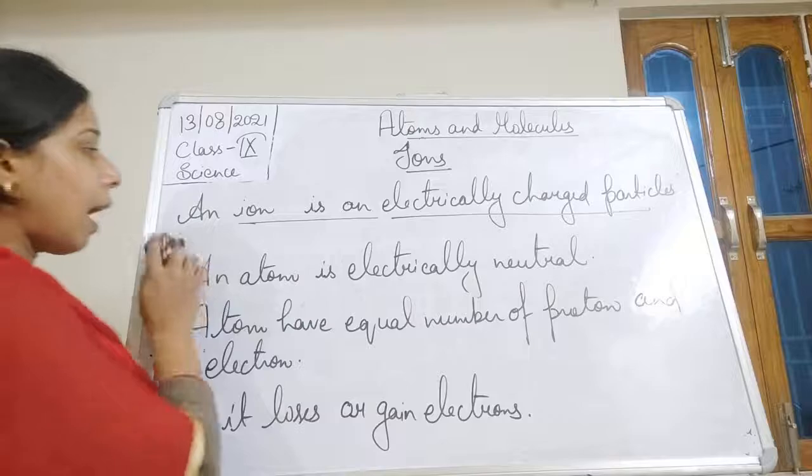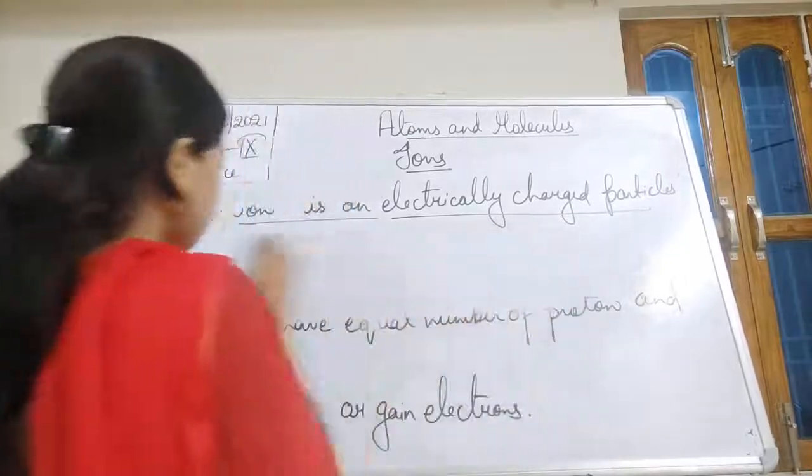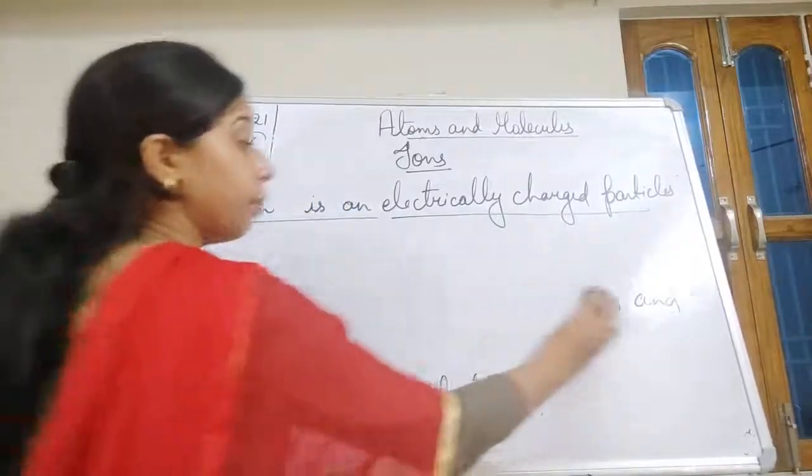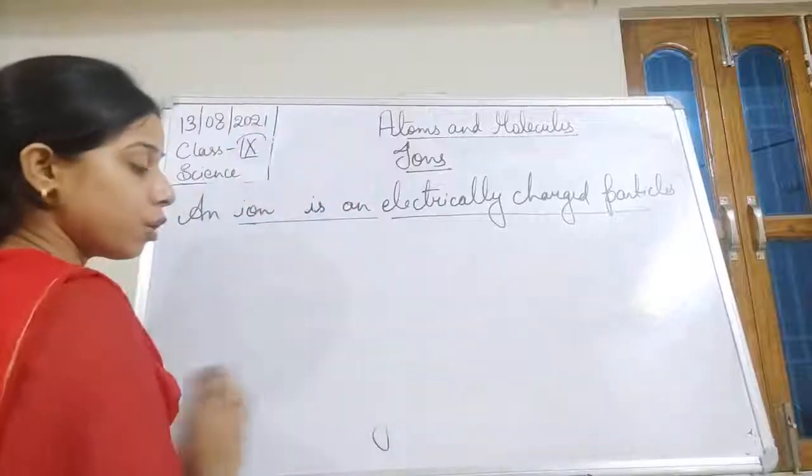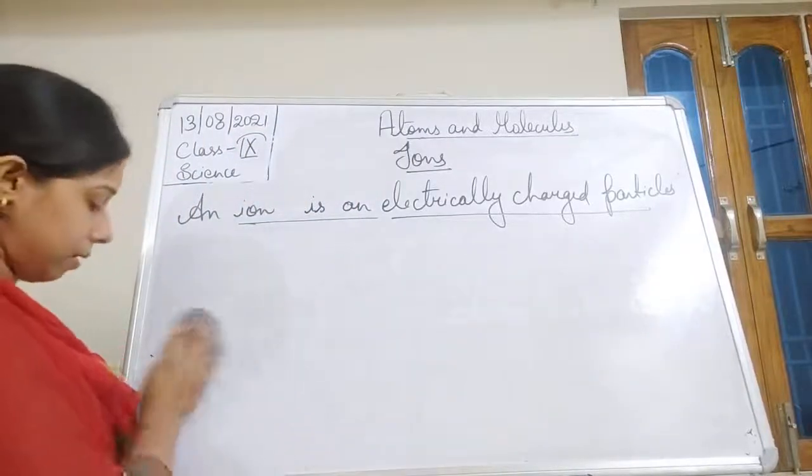So when an ion or an atom loses the electron, it will become positively charged, which we also call cations.